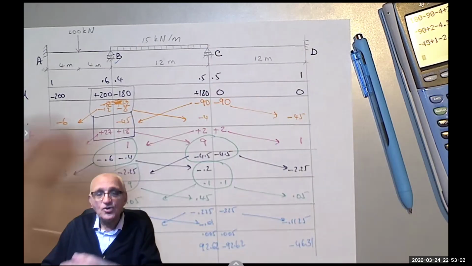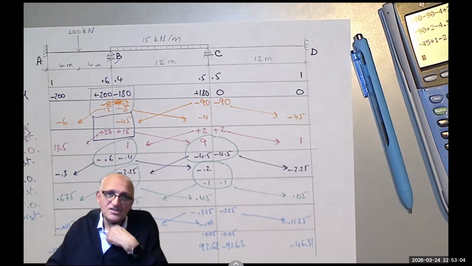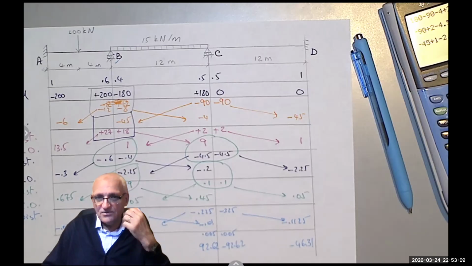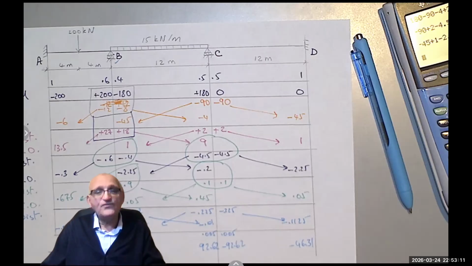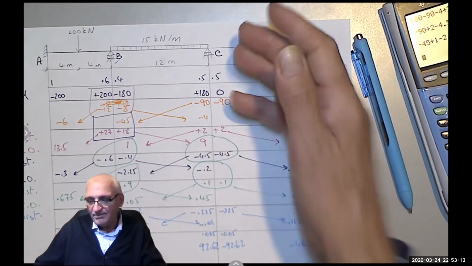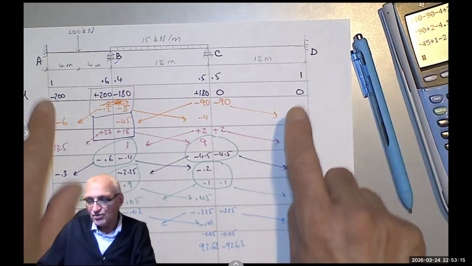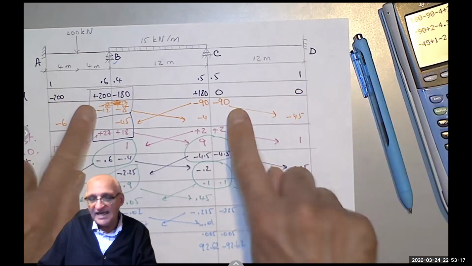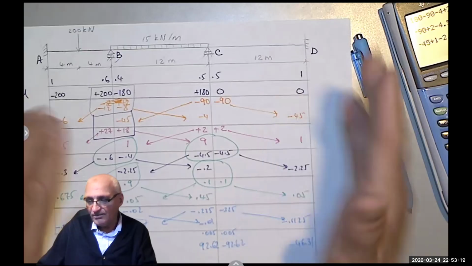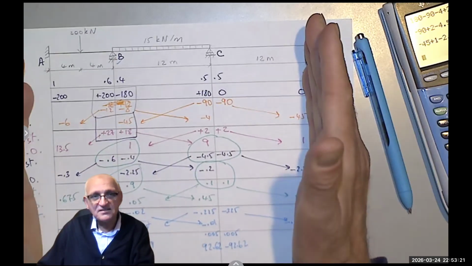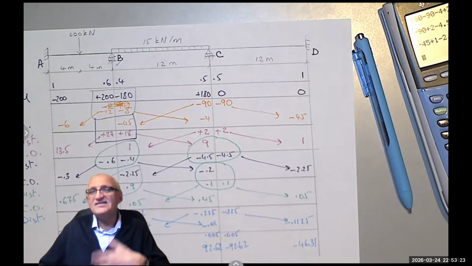And that is called the modified moment distribution method, because the original one used 4 EI over L, but then we had to make a carryover of the moment from both ends. And it's a lot of work.